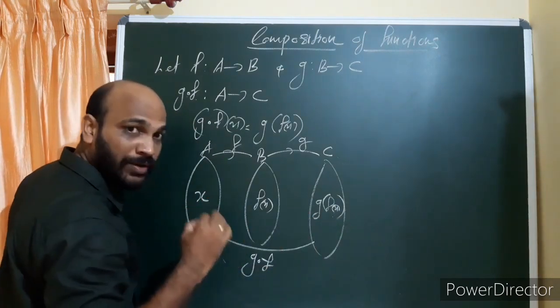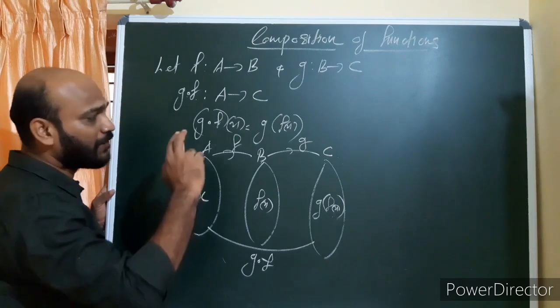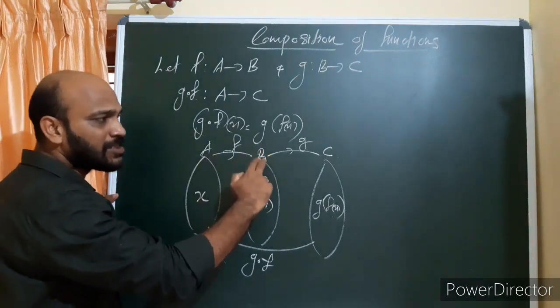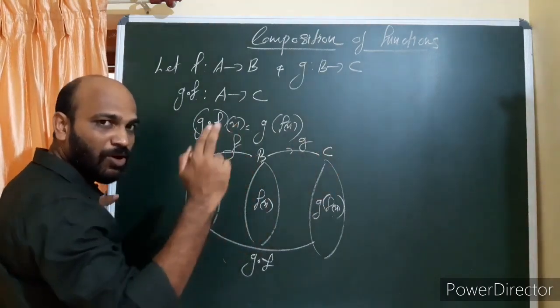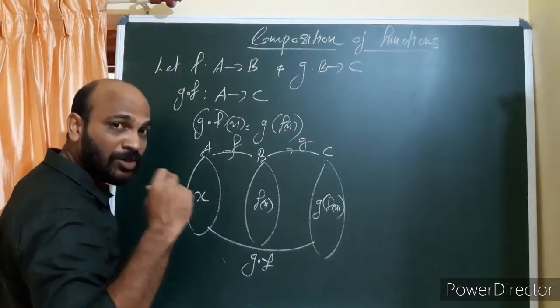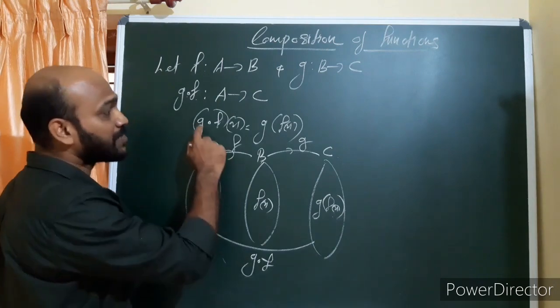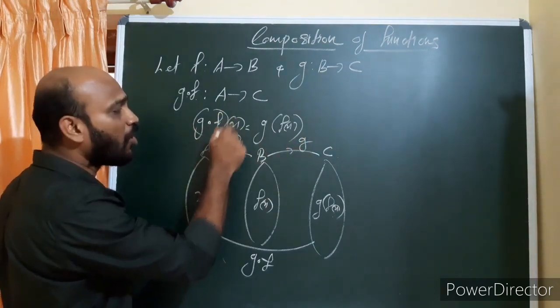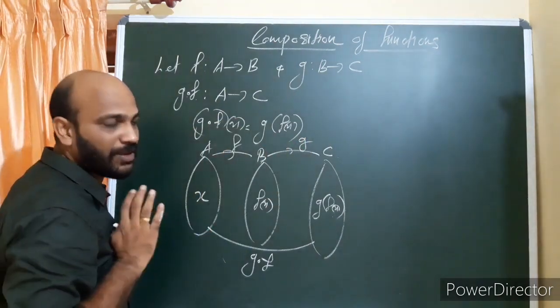I think now you understand the concept. So if f is a function from A to B and g is a function from B to C, then there always exists a function from A to C. That is denoted by g∘f and which is defined like this: (g∘f)(x) = g(f(x)).